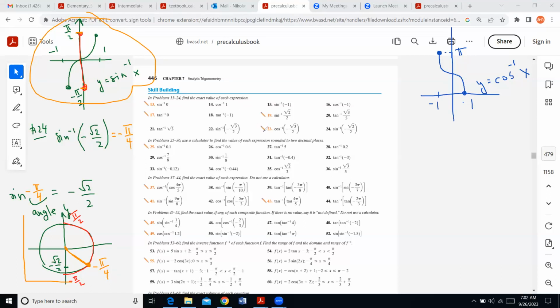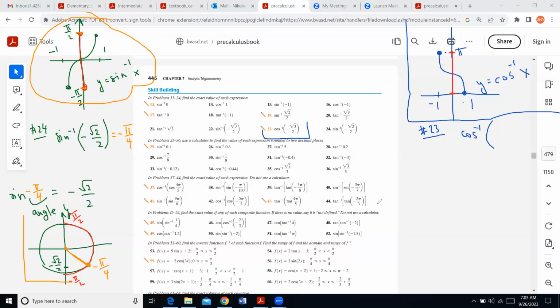So arc cosine, like exercise number 23, could be found using our favorite unit circle, because you may say, Alex, you have a graph here, but how can I use this graph above? Well, this graph shows us that the range is from 0 to pi, and that's why I have it here.